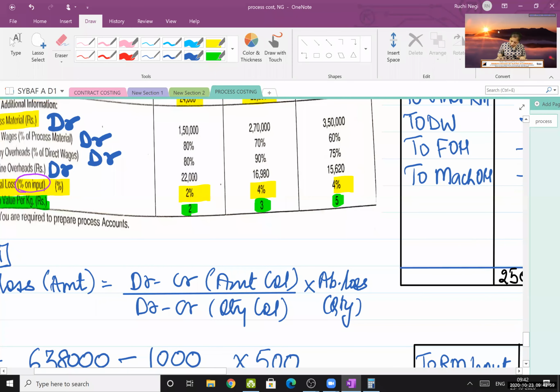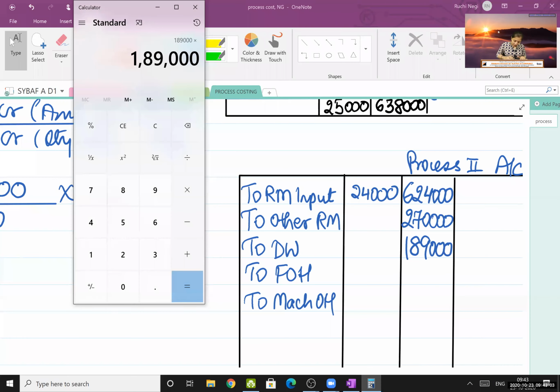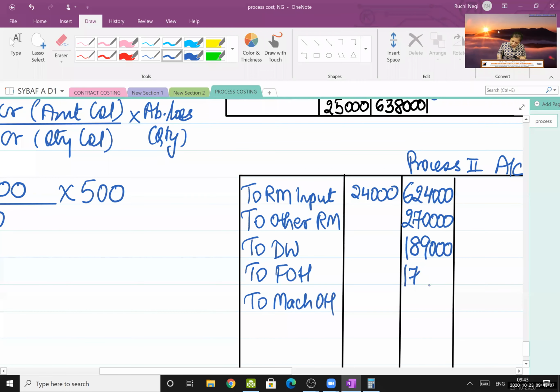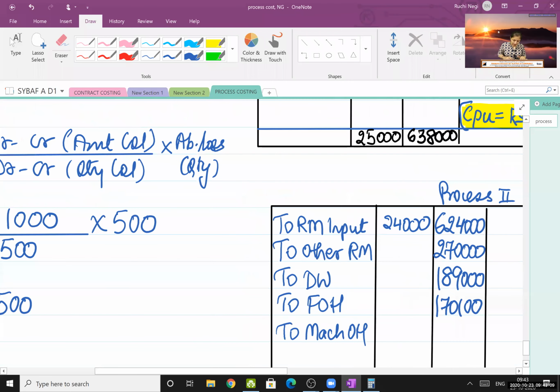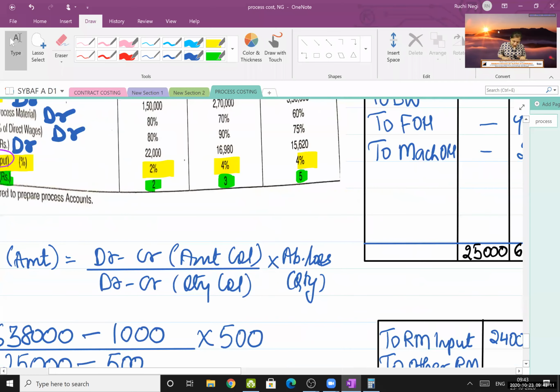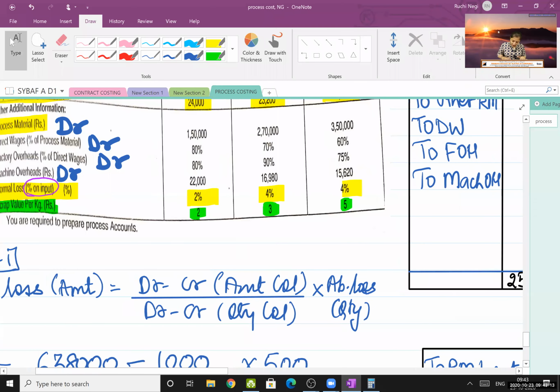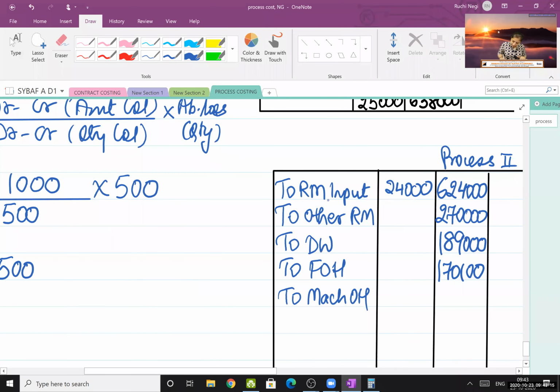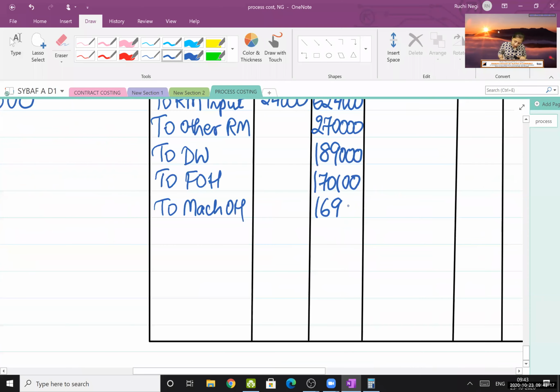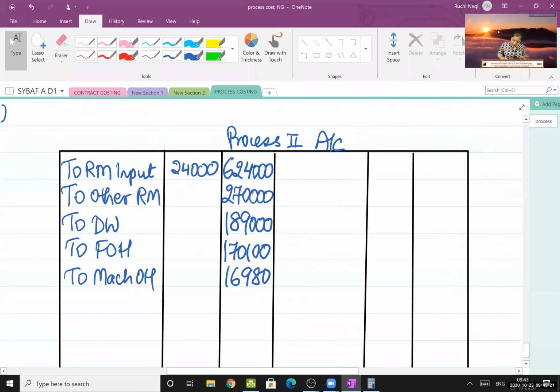So direct wages is 1,89,000, इसका 90% निकालो. 1,70,100. Next, machine overheads 16,980. So right here, 16,980. Okay.